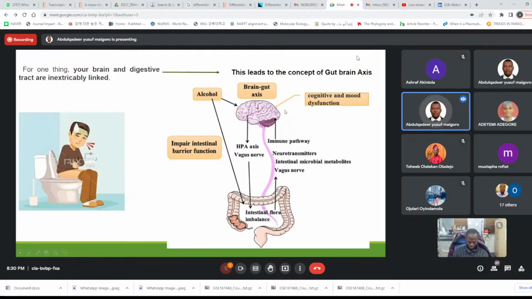And these two ways in which the brain talks to the gut or the gut talks to the brain can be in a positive way or in a negative way. For example, in some cases, it causes cognitive and mood dysfunction. Once there is this dysfunction, then even your stomach will start rumbling in some people.